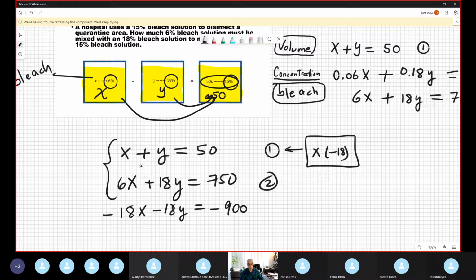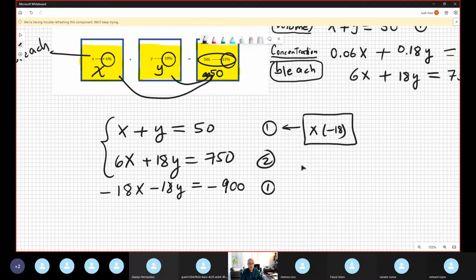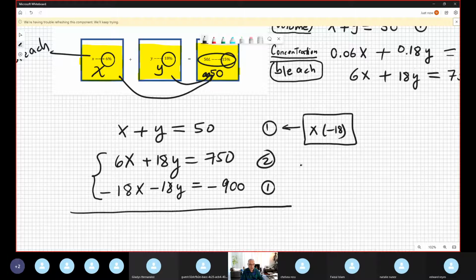And this is my new equation 1 after the multiplication. Entonces we focus now on this system. I am ignoring my first equation a little bit. Okay, ready to add equation 1 plus equation 2.